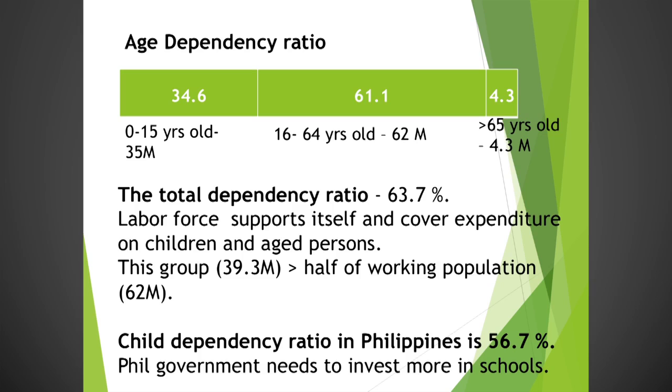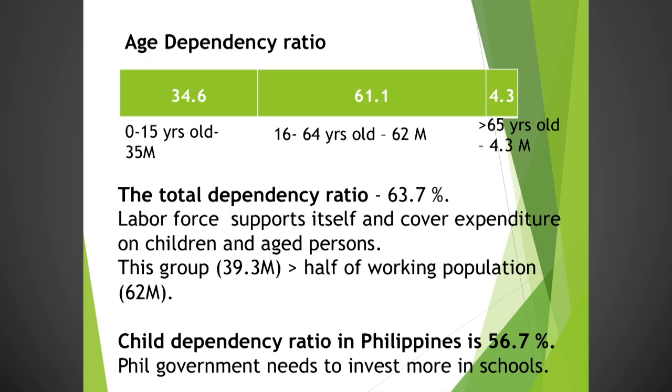Okay, another important aspect that we can get from the age structure is what we call age dependency ratio. In the diagram, we can see that about 34.6% are young children aged from 0 to 15, and this constitutes about 35 million.